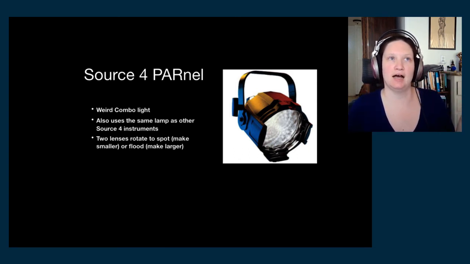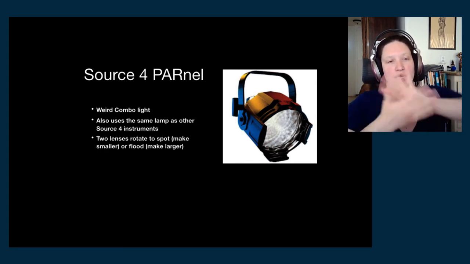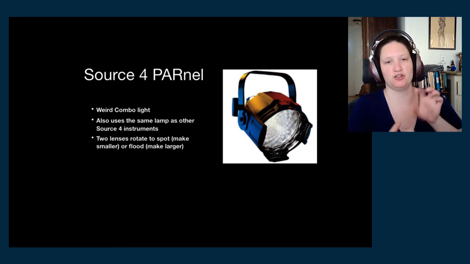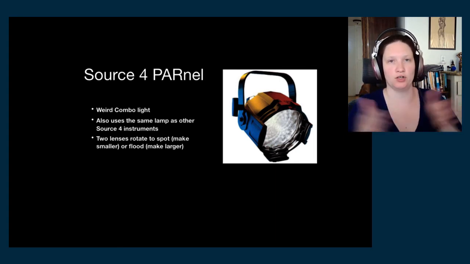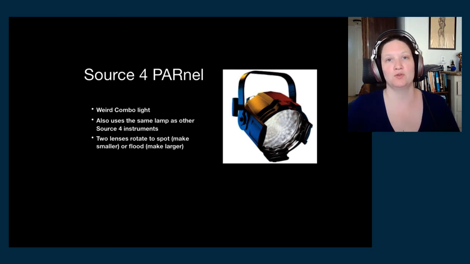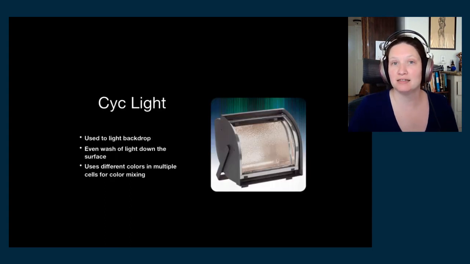But instead of interchangeable lenses, it actually has two lenses that rotate. And so you can rotate using a knob on the bottom of the fixture. You can rotate the lens in order to spot or flood it, and that's why it's called a Parnel, inspired by the Fresnel fixture, which allows you to spot to flood, change the beam diameter. So that's a Parnel.